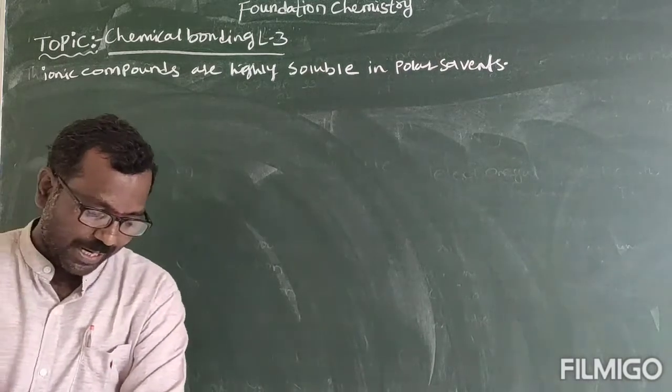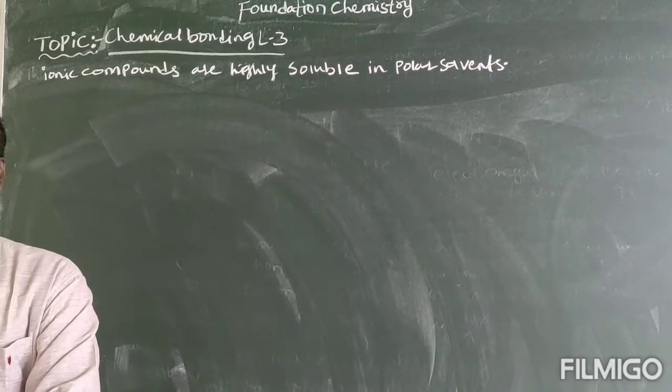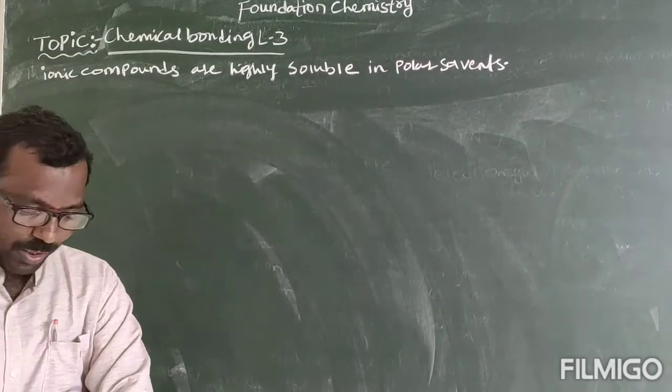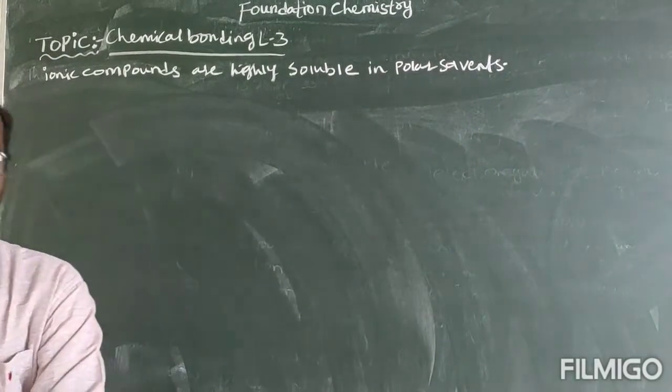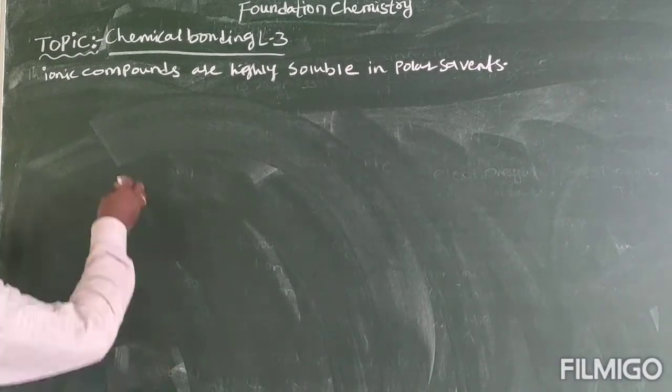And next, ionic compounds have high melting and boiling points with the increase of lattice energy.